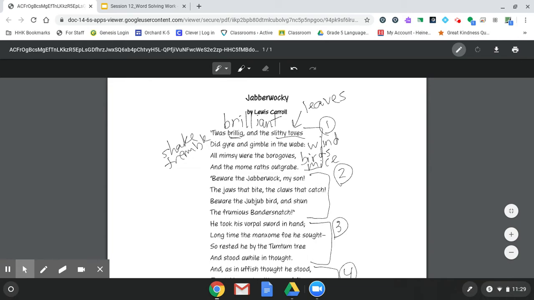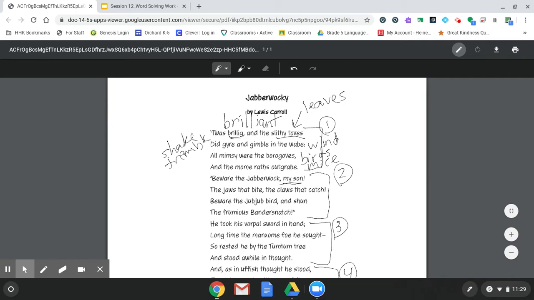Okay, now let's move to stanza 2. Beware the Jabberwock, my son. The jaws that bite, the claws that catch, beware the Jubjub bird, and shun the Frumious Bandersnatch. So now we're learning more that it seems like the narrator is talking to his son, right?